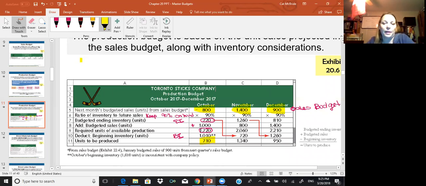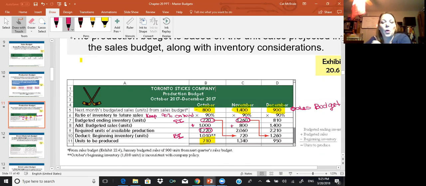Now let's look at the next month, okay? So the next month, our budget is 1,400 units. I need to keep 90% on hand. So at the end of the period, I want to have 1,260 units in ending inventory. I have to make 800 units for sales.